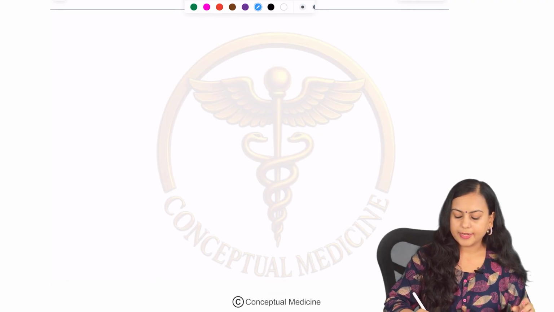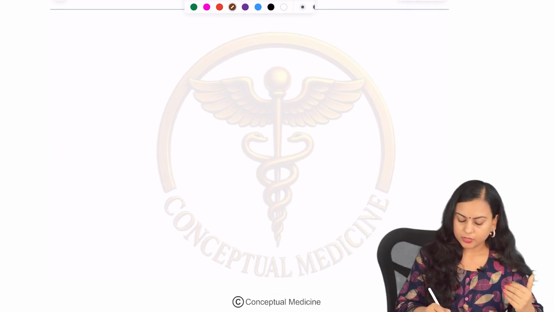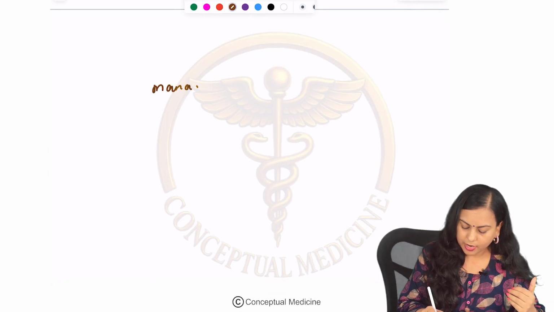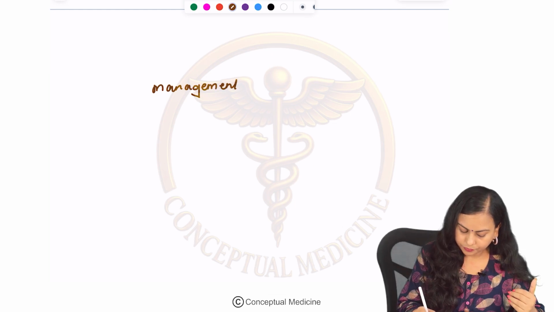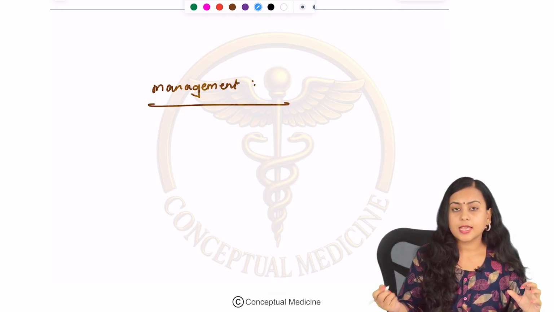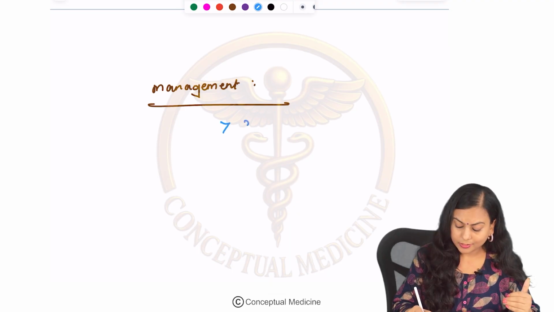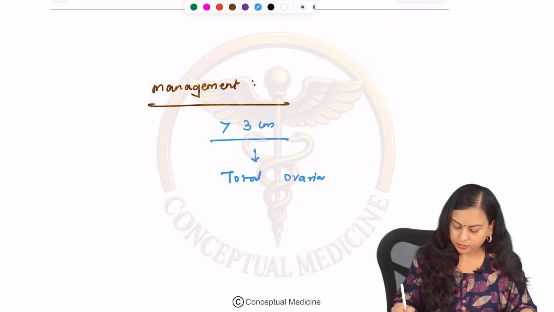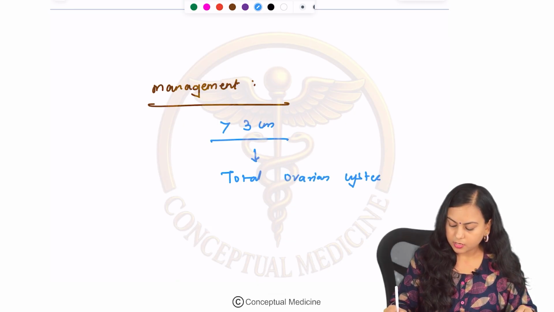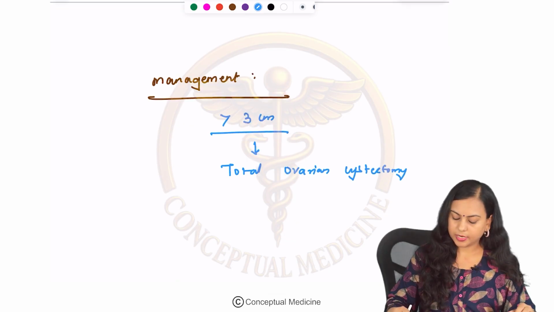So how will you manage an endometrioma? So management of an endometrioma, when the cyst size is going to be more than 3 centimeter, you will offer her total ovarian cystectomy, right?